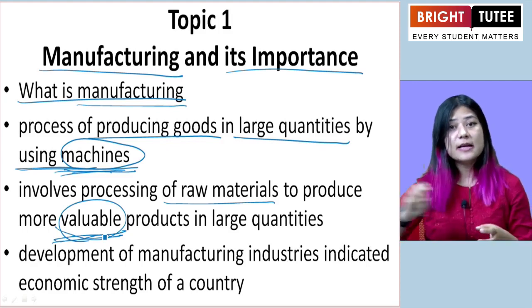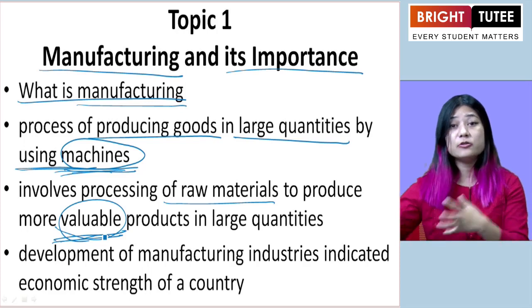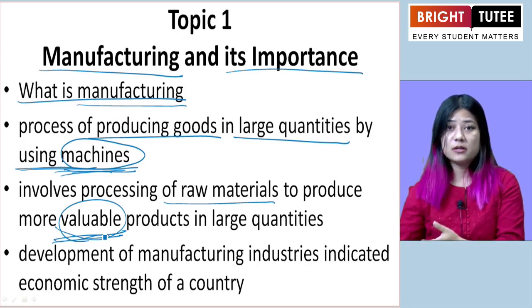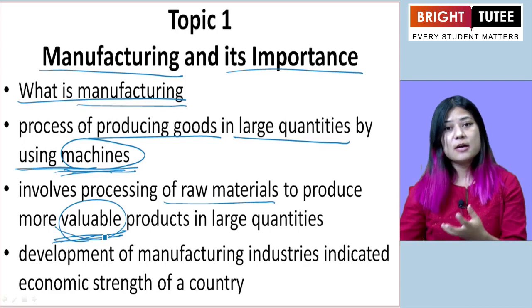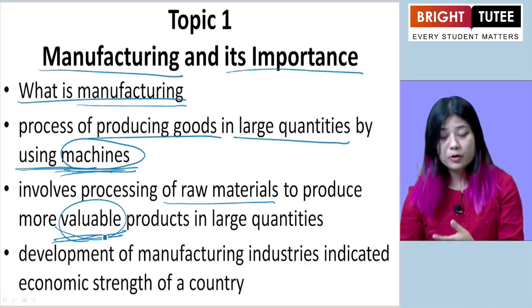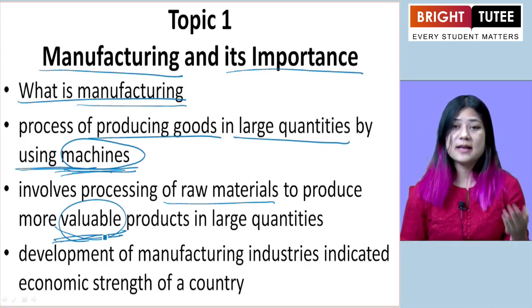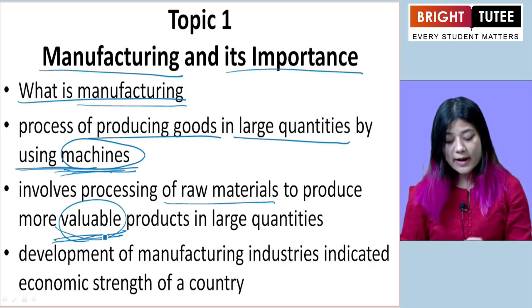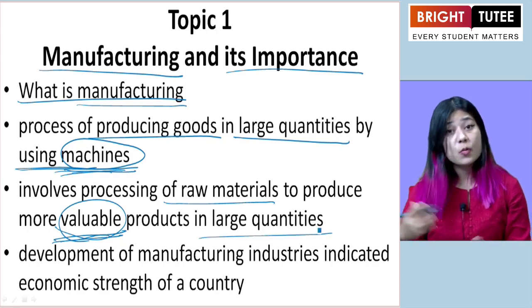After the process of manufacturing, the end result, the final product, turns out to be an extremely valuable product which has high demand in the market. This is why they are produced in large quantities.